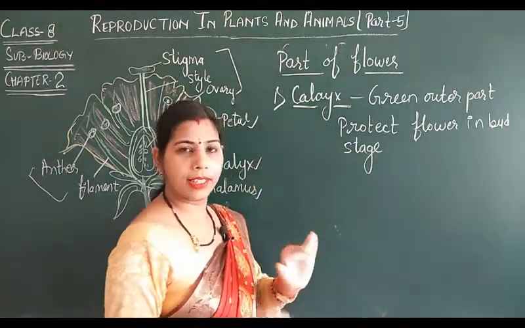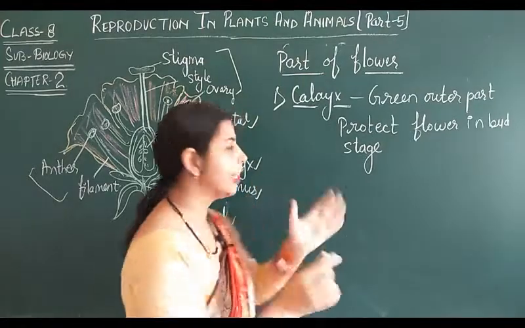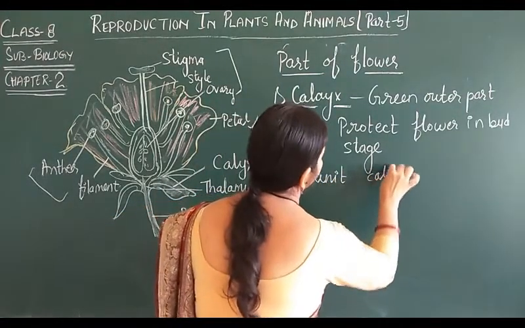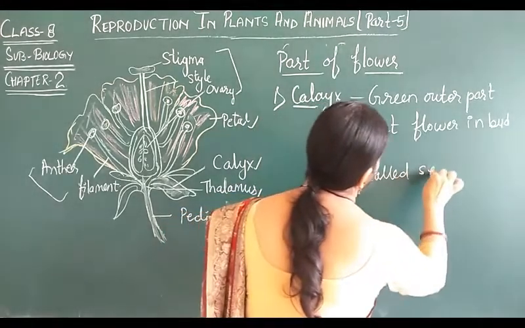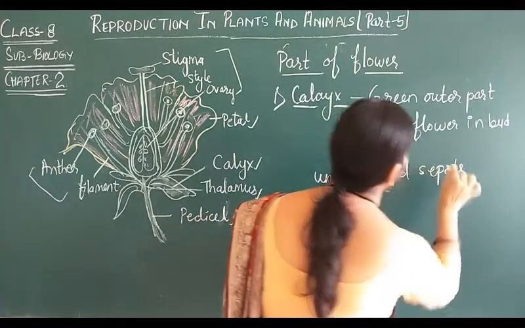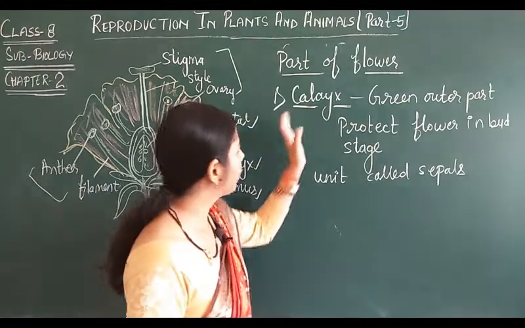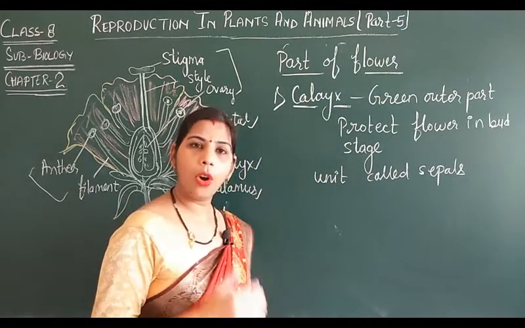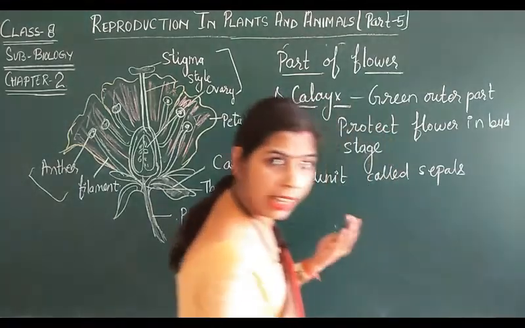The calyx is a complete whorl, and it is made up of separate units called sepals. One more important function is performed by the calyx: because it is green in color, it can also perform photosynthesis and make food.